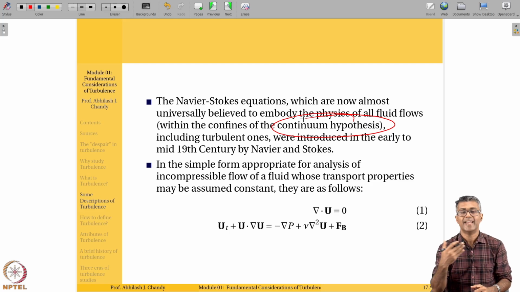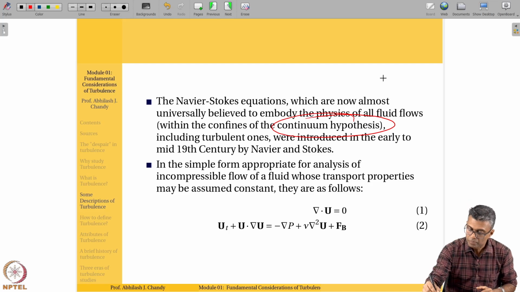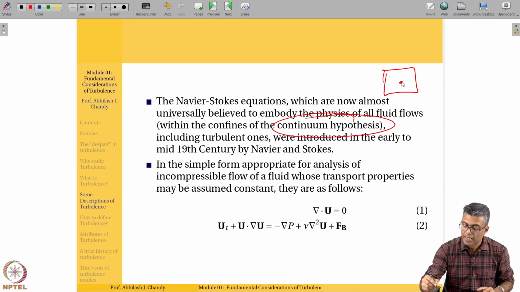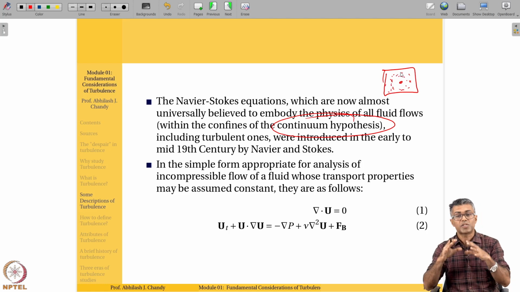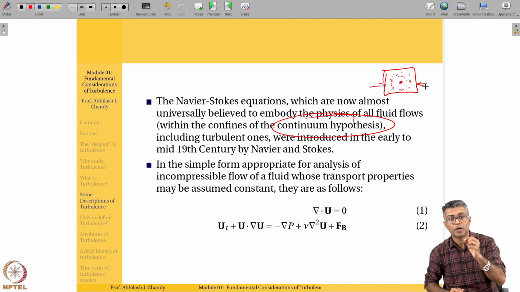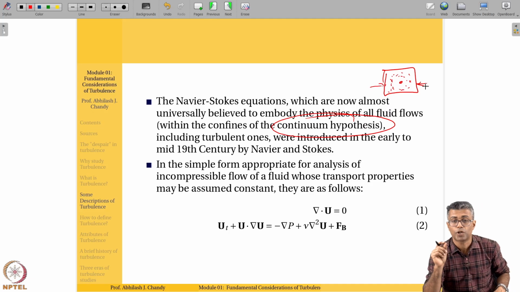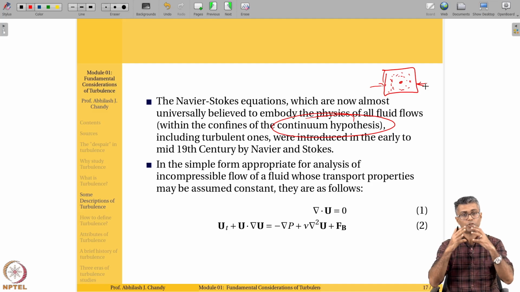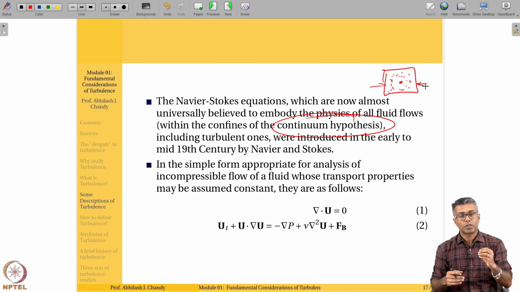So if I take the density of a fluid at a particular point, it is an average of all the molecular properties of all the molecules in that box, in that volume. Now this itself will be pretty small, but we are not looking at every molecule per se. We are looking at just a volume. So that is what the continuum hypothesis is.